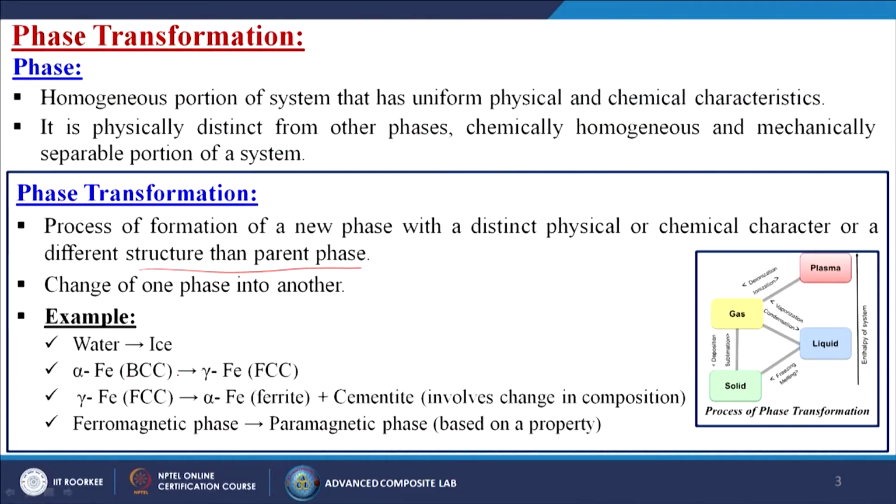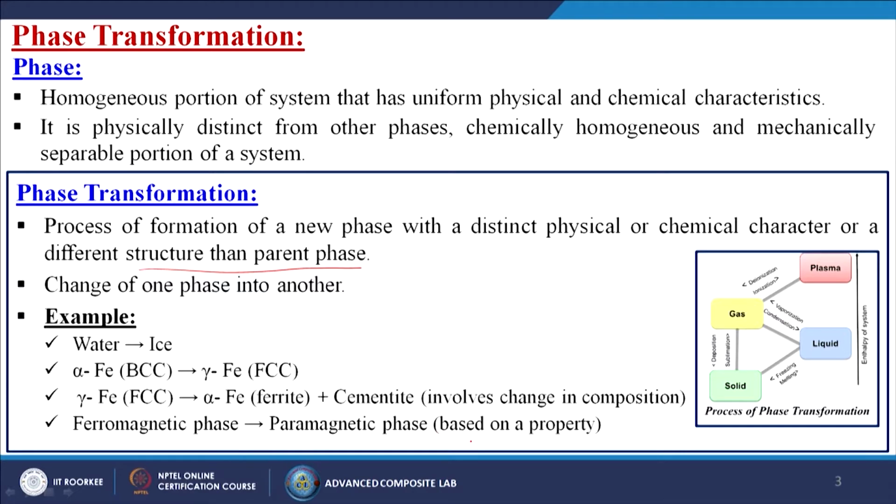If I give an example, from water to ice, simply from liquid to solid, we are changing its phase. Alpha iron BCC to gamma iron FCC structure, or from gamma iron FCC to alpha iron ferrite plus cementite, which involves a change in composition, or a ferromagnetic phase to a paramagnetic phase based on a property.